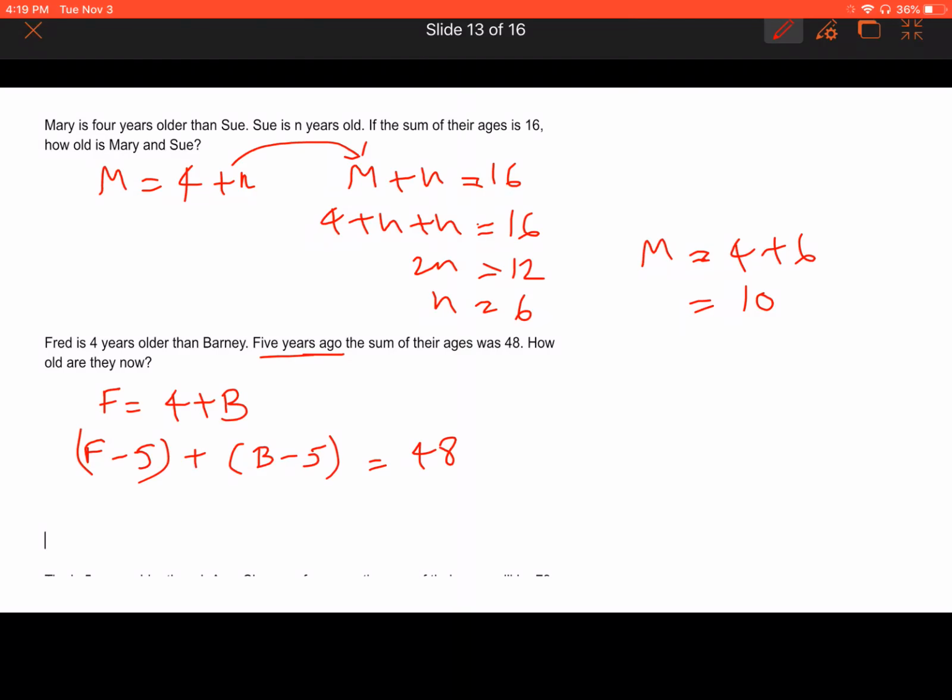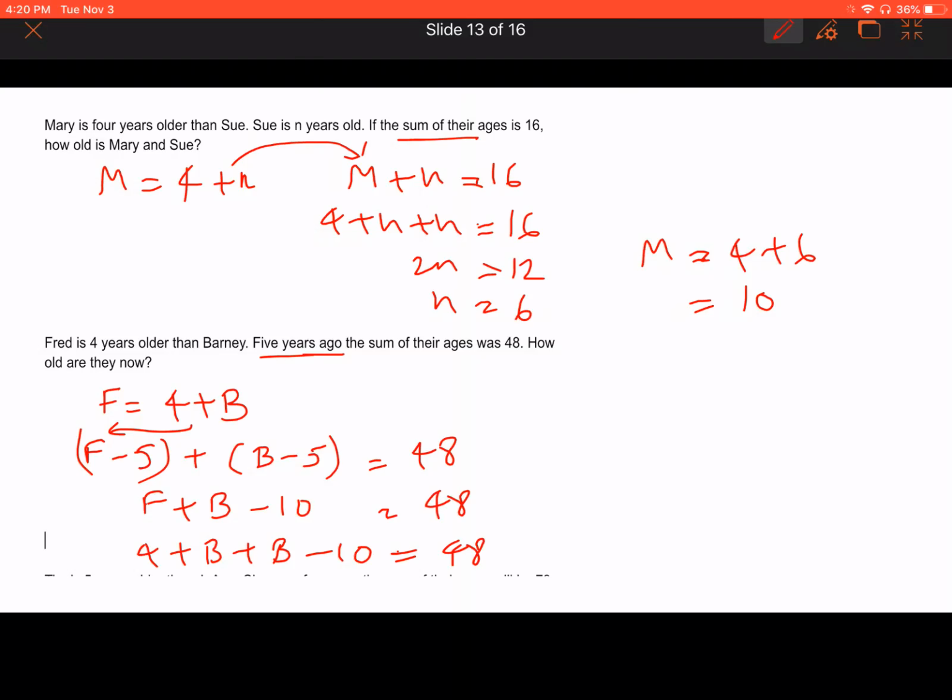See here, just the sum of their ages, so we wrote m plus n. Here, 5 years ago the sum, so we have to eliminate 5. F minus 5 plus b minus 5 will be equal to 48. The remaining things are the same. We have to substitute the value here. First I'll make it simple and substitute the value, that is 4 plus b plus b minus 10 is equal to 48.